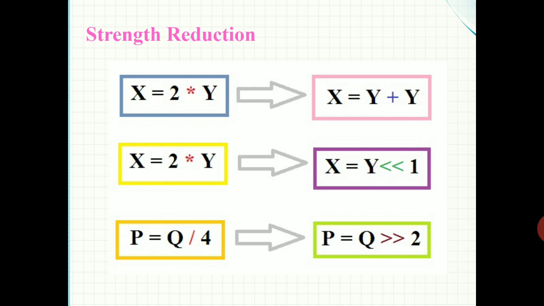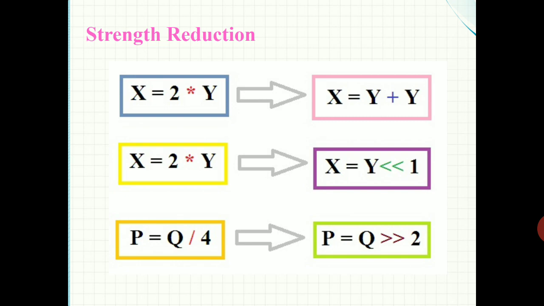That is shown in the result, that is p = q right shifted 2 positions. That is about strength reduction. Strength reduction means we are replacing an expensive operation with a less expensive operation.